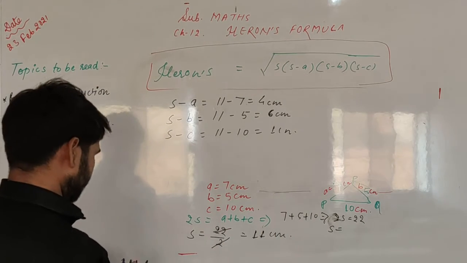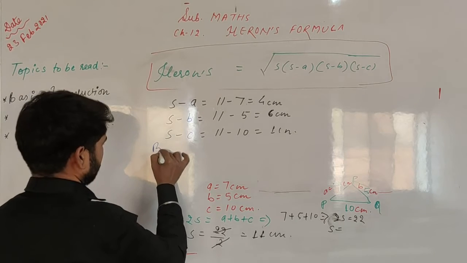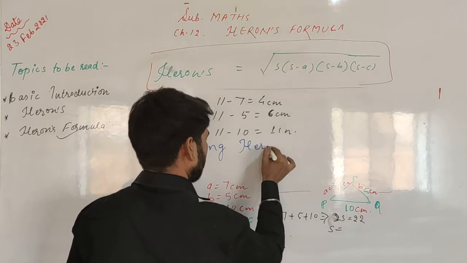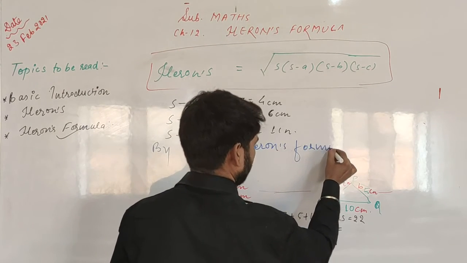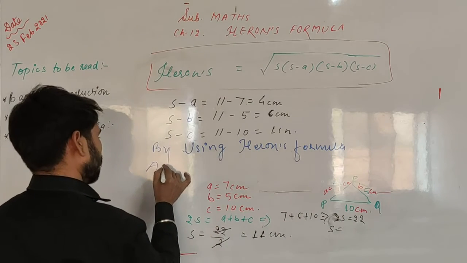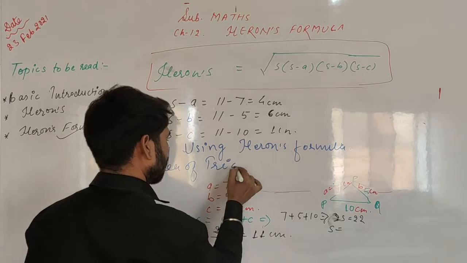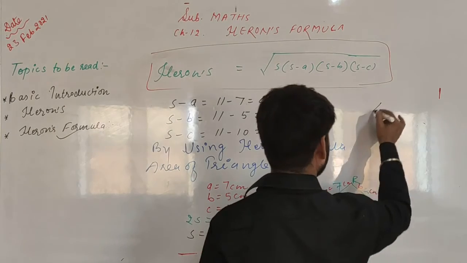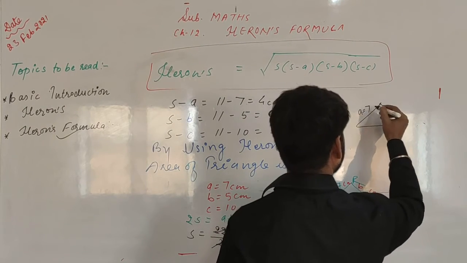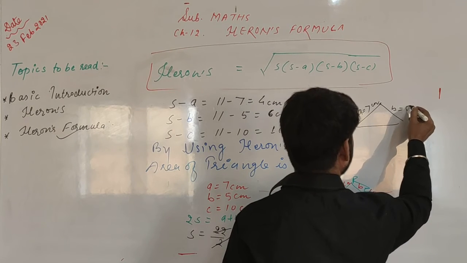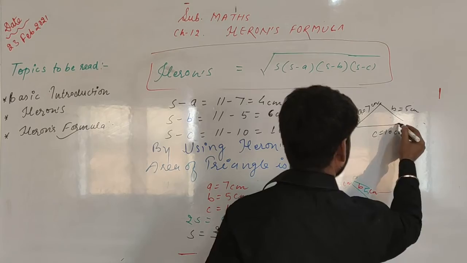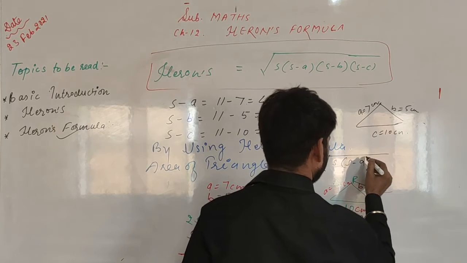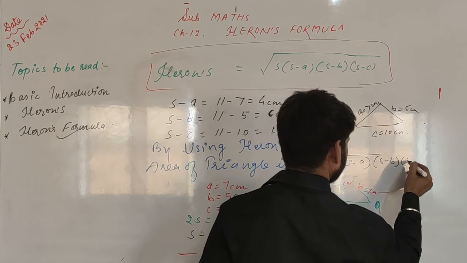Now by using Heron's formula, the area of the triangle, I can draw this triangle here with A 7 centimeter, B 5 centimeter, and C 10 centimeter, is the square root of S times (S minus A) times (S minus B) times (S minus C).